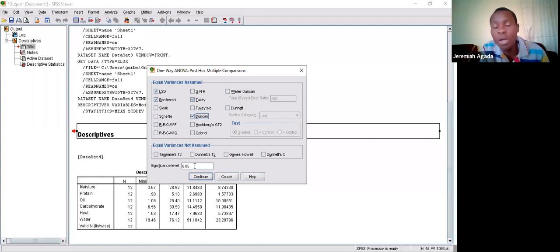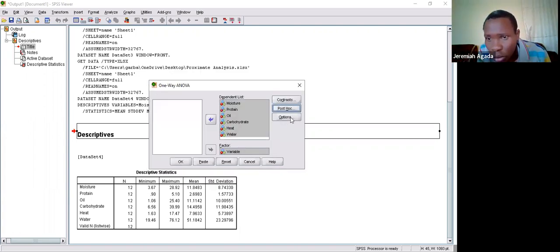Because I am using 95% confidence interval, the 0.05 means out of 100, you have 5. So 5 divided by 100 is going to give you 0.05. So we are looking at the margin of error. So if it's greater than 0.05, it means that there's no significant difference. That's the meaning. So I'm going to continue here.